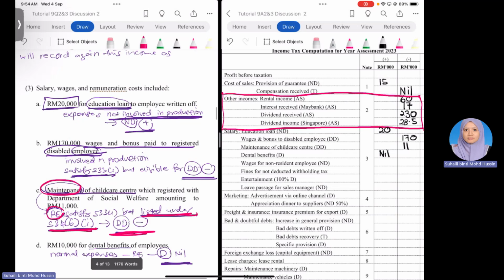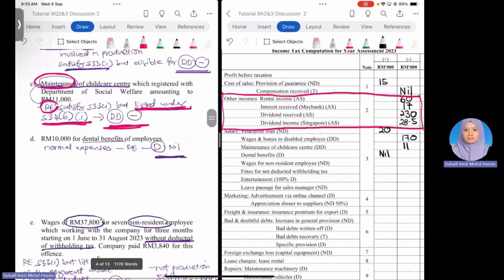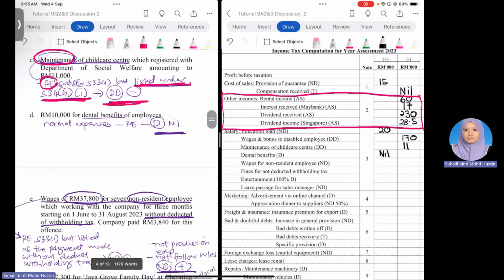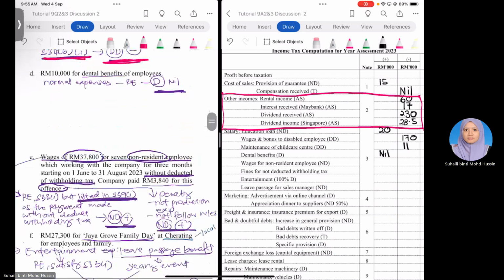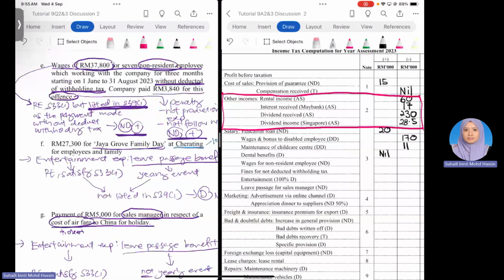Number 3E, we have the wages that the company paid to 7 non-resident employees, where the company paid these non-resident employees wages without deduction of the withholding tax.